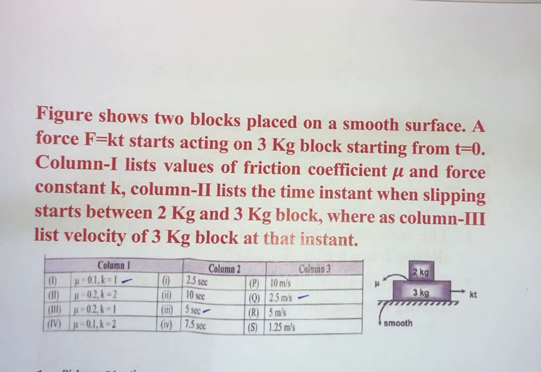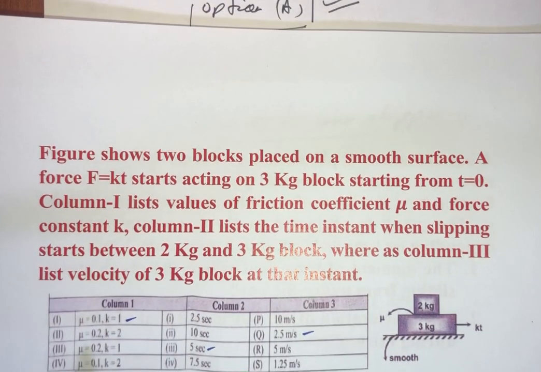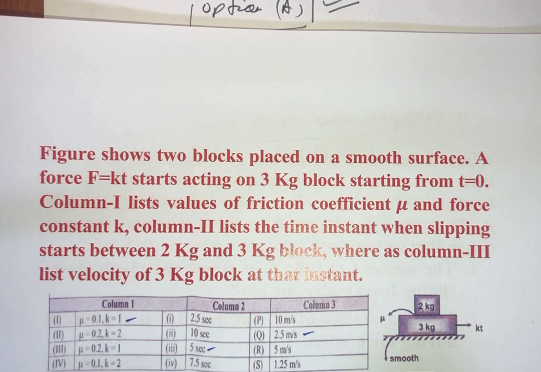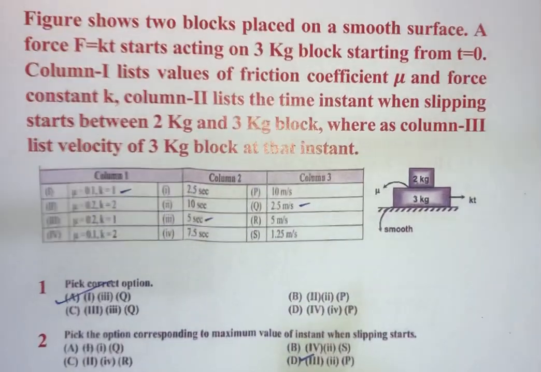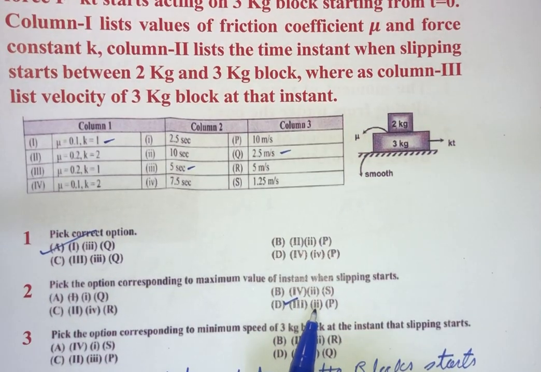So we already found that mu is 0.2 and k is 1, so we have this third option from the table, and the maximum time is 10 seconds.